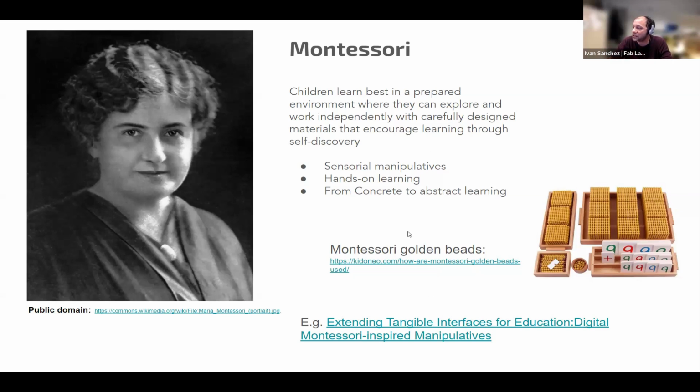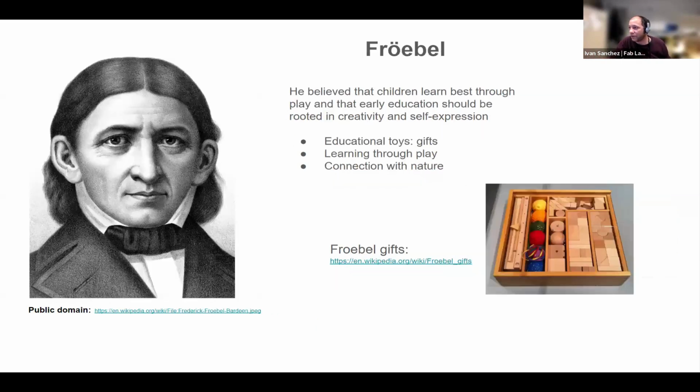For example, Montessori is very popular for these golden beads that you can use to visually represent the decimal system, so the numbers. And Froebel was the first one in history who came up with the idea of having a kindergarten and having activities for small kids. He thought to have educational toys that he called gifts, so that kids, by exploring and playing with these toys, learn at the same time.